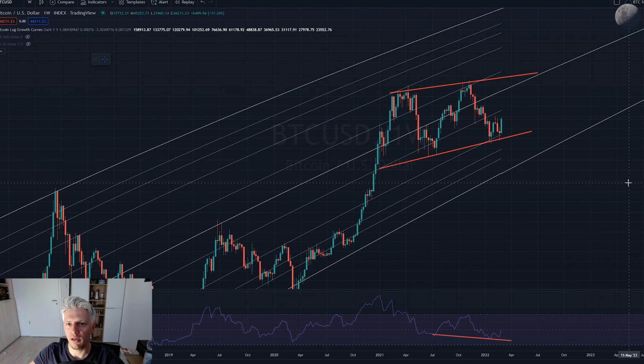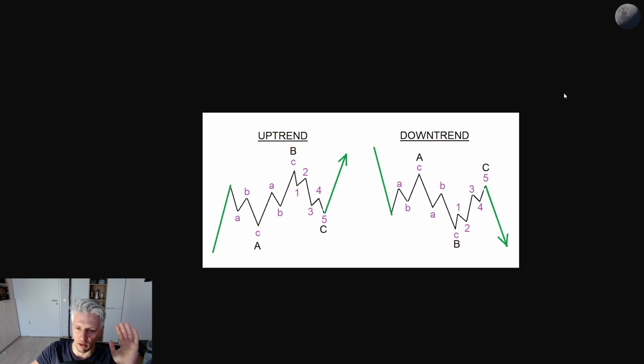Elliott wave theory, even though I'm not the biggest fan of Elliott wave theory. So hilariously, I'm now suddenly coming with Elliott wave theory. But sometimes it's, as I said, a very useful tool. Not always, but sometimes. So I'm not the hardcore advocate of Elliott waves, but sometimes they can be useful.